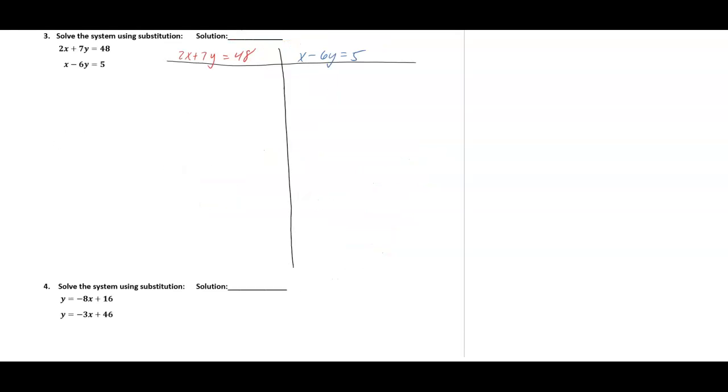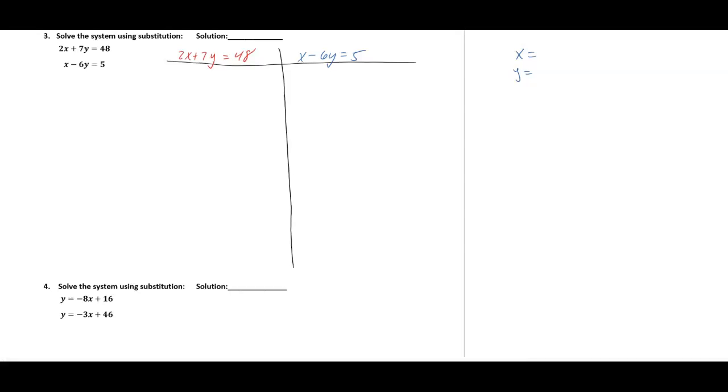All right, for the next example, right? Notice here that when I look at my two equations, I put them in the T-chart. When I look at the equations, I notice that I don't have x equals, nor do I have y equals. So none of the variables are isolated. So what I have to do is pick the easiest variable out of the two equations to isolate.